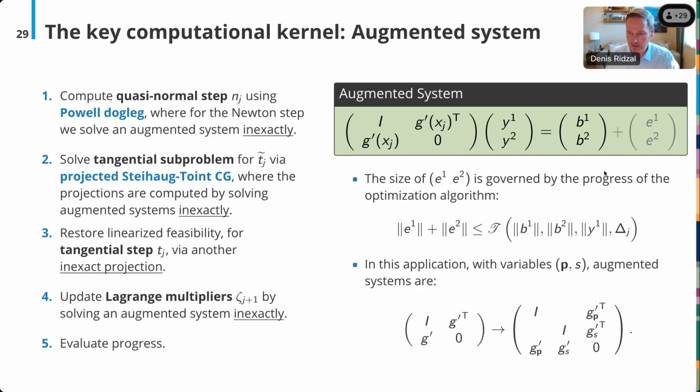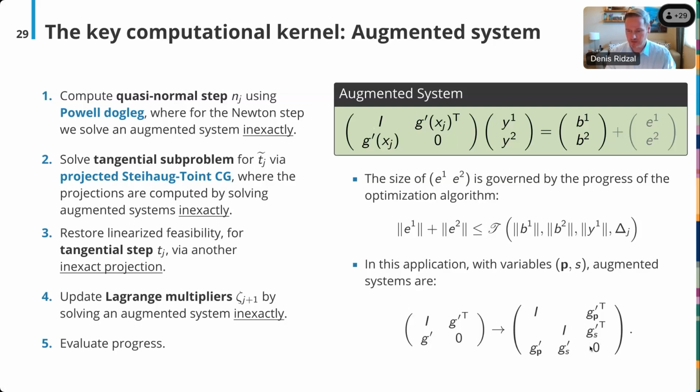In this specific application, this augmented system matrix looks as follows. So we have, again, an identity block here, and then we have the Jacobian with respect to the vertices, and then the Jacobian with respect to the slack variables. Now, these are just negative identities because our constraint is just V of P minus S equals 0.